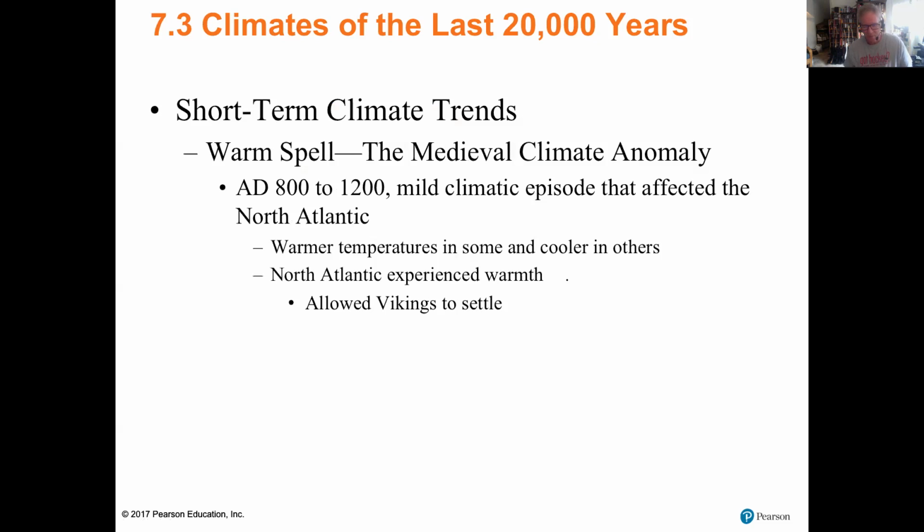A lot of people think it lessened the amount of ice in the North Atlantic, and that allowed the Vikings to travel from Europe across to Greenland and even into North America. Once they'd settled there, when that period was over, temperatures started to decline again and ice formed, and the Vikings couldn't get back and nobody could come join them, so the settlements died out.